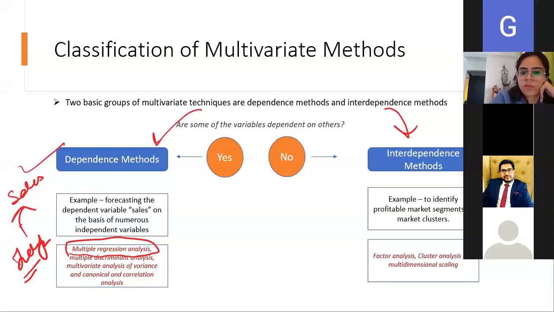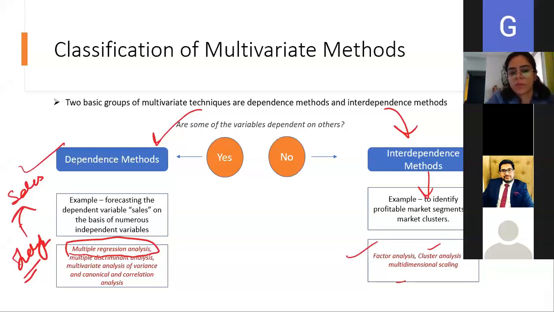So if there is a dependent variable, then it is called a dependence method. Factor analysis and cluster analysis fall in the interdependence method.